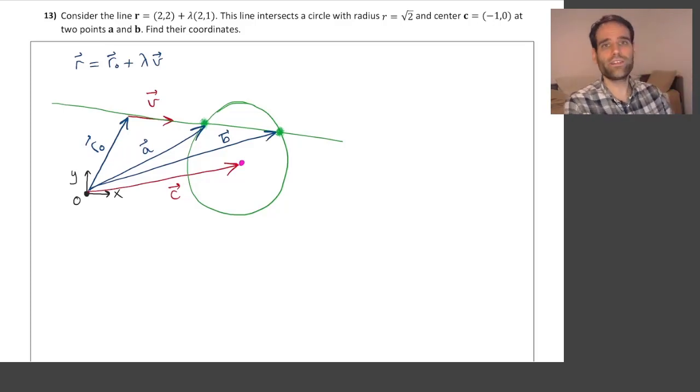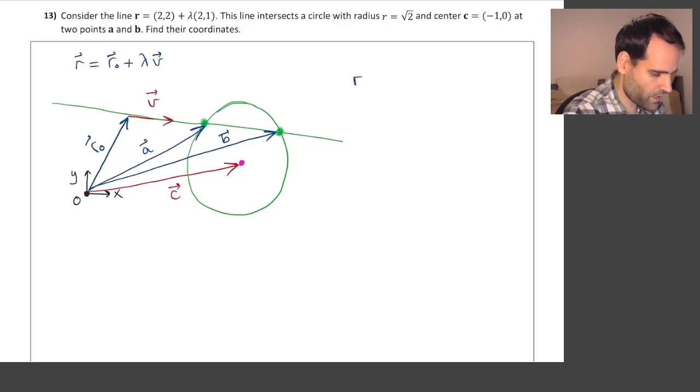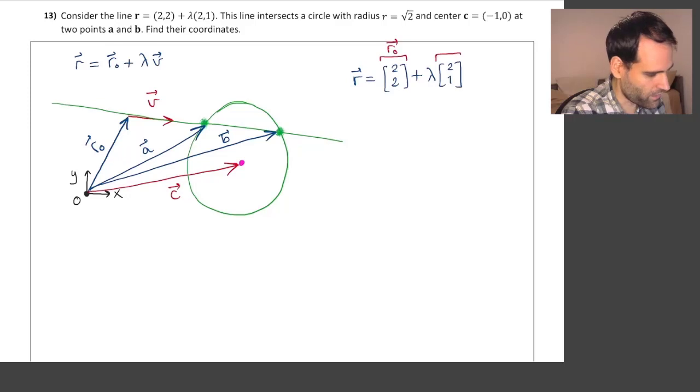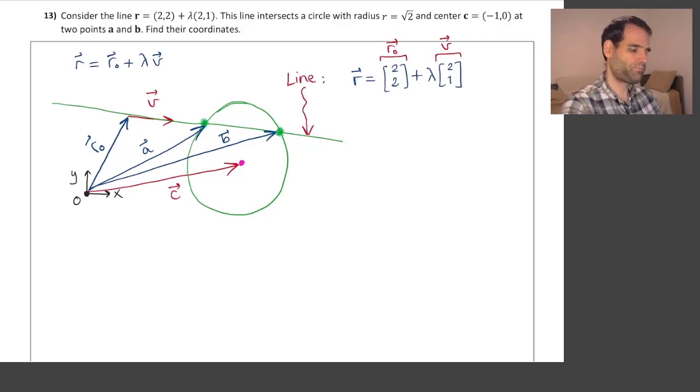So that's going to be our task. So how are we going to solve this problem? Let's start by writing the equation of the line. So the equation of the line is r equals (2, 2) plus lambda (2, 1). And remember, this first value is r0 and this second value is vector v. So that is the line. So that is this green line here.